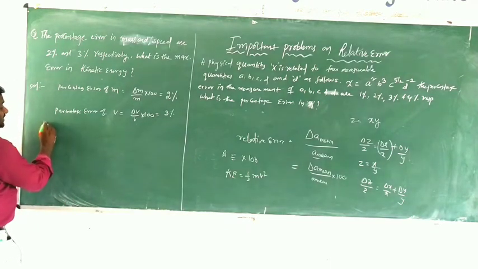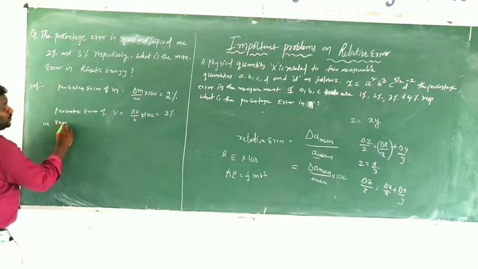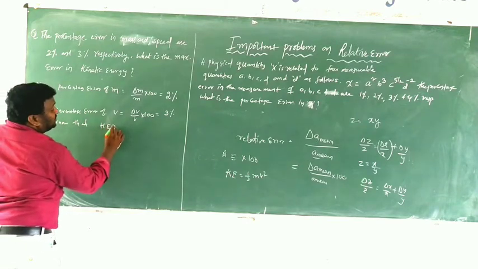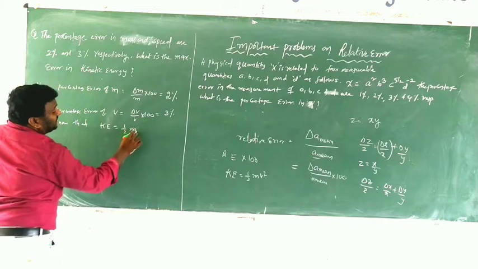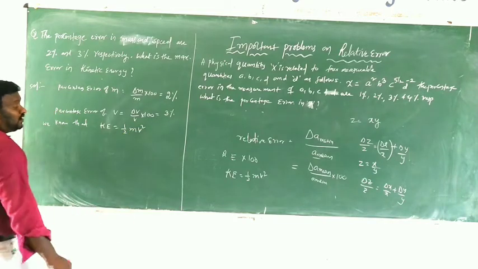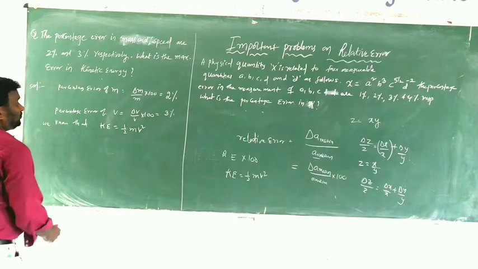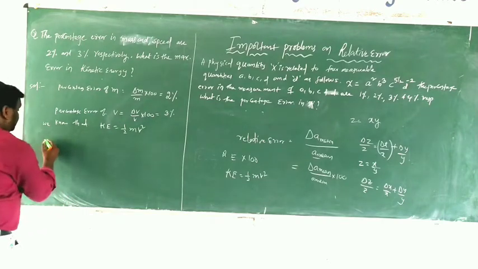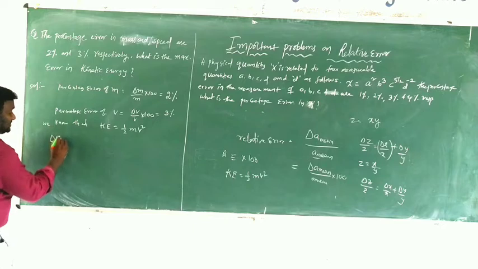Now, we know kinetic energy is equal to half m v square. For that, I am writing now the percentage of error of kinetic energy.